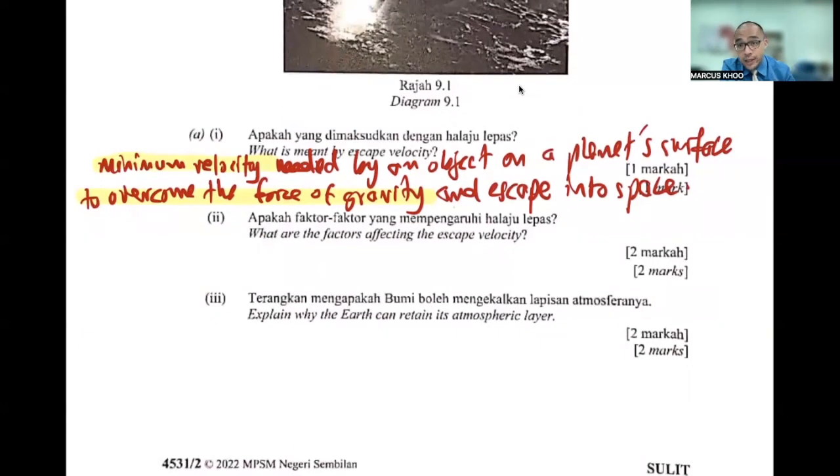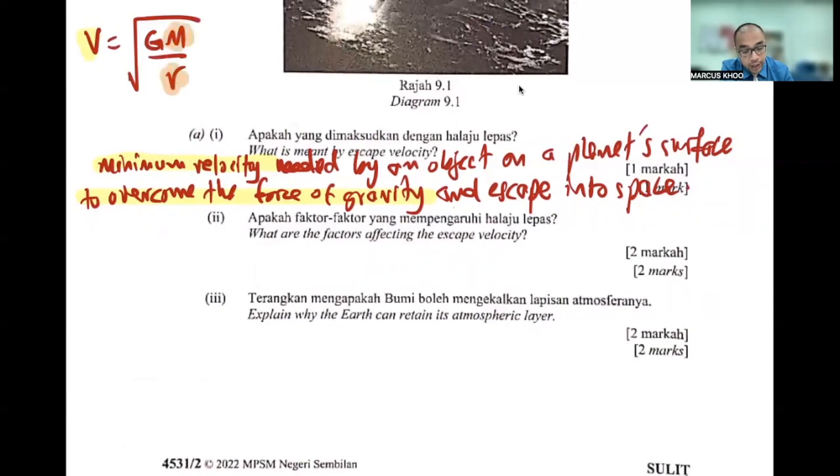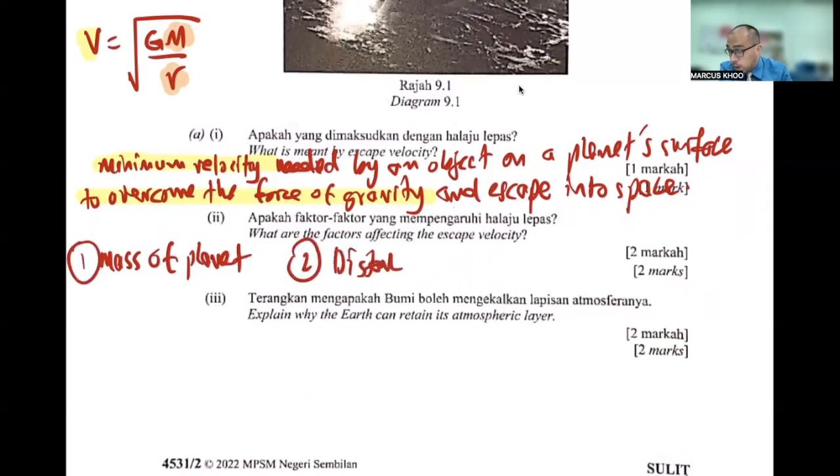Now, what are the factors affecting the escape velocity? The formula for escape velocity is V equals the square root of GM over r. So you can see that the velocity is dependent on 2 factors: the mass of the planet, and the distance from the center of the planet.